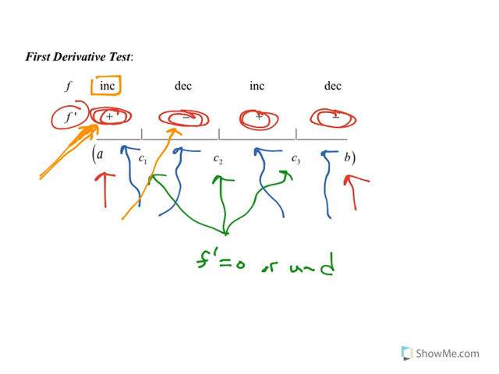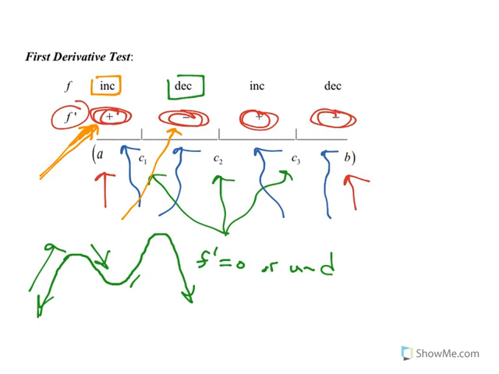So for this one, your function would have been decreasing. So in this particular interval test, your function was going up, and then it changed direction and started going down, and then it changed direction and started going up, and then it changed direction and started going down. So your function was going up, then down, then up, then down.